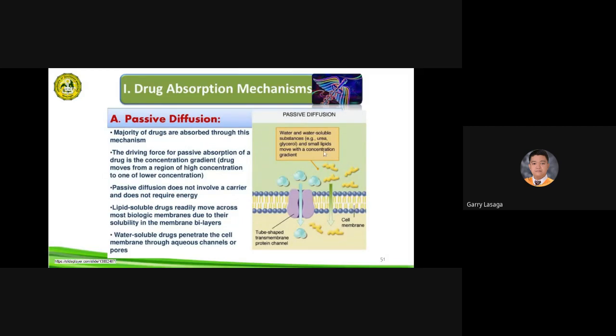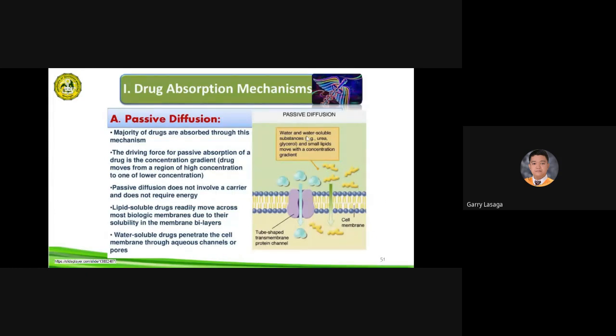So we have here a figure for passive diffusion. We have here water and water-soluble substances, urea, glycerol, and small lipids moving with a concentration gradient. Those molecules that are lipid soluble will be able to pass through the lipid bilayer passively.